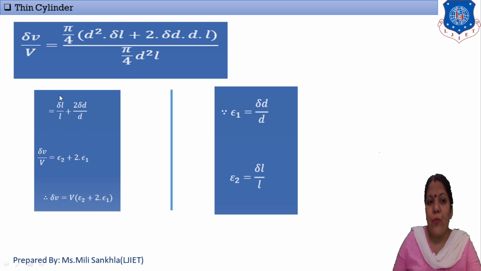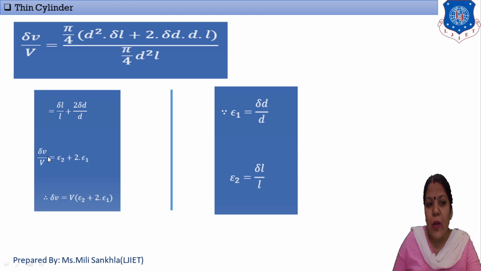If you remember, δL by L is the longitudinal strain. What is δd by d? That is our hoop strain. Epsilon 1 is equal to δd by d, the hoop strain, and epsilon 2 is equal to δL by L. Now put these strains in place of δL by L and δd by d.